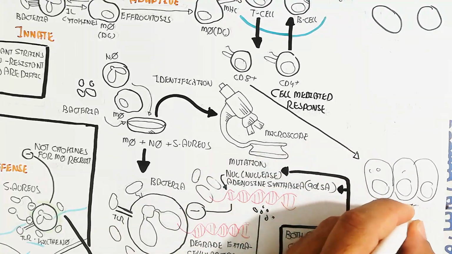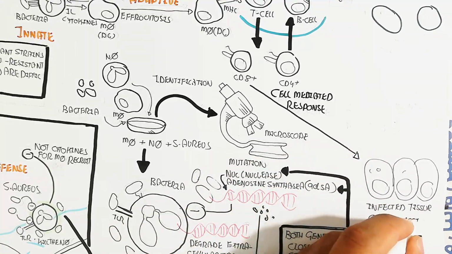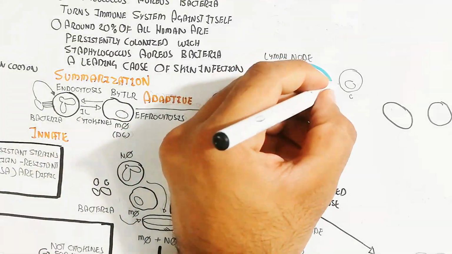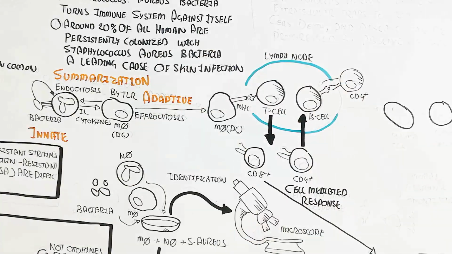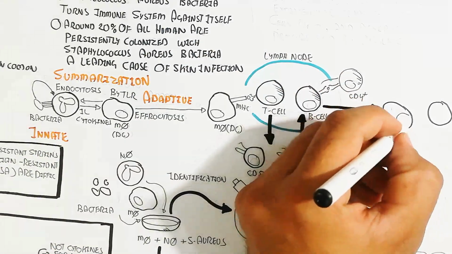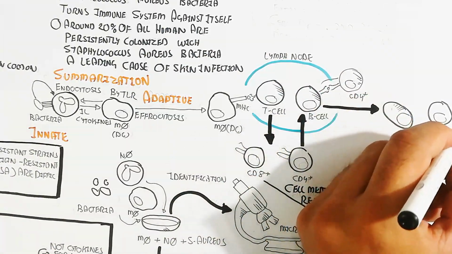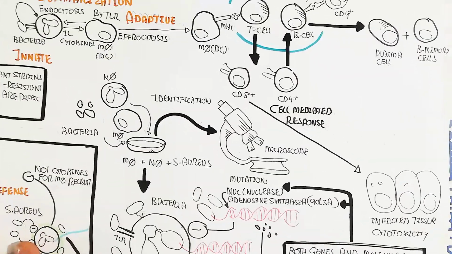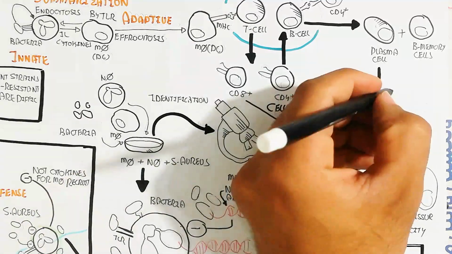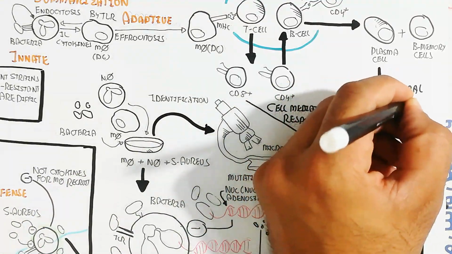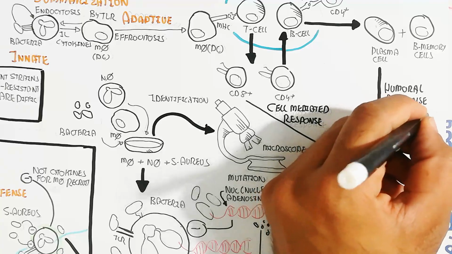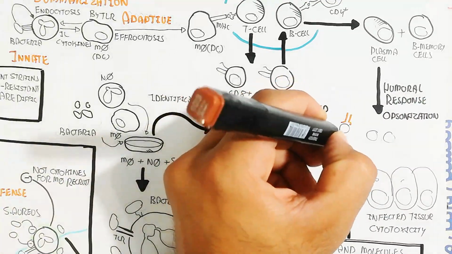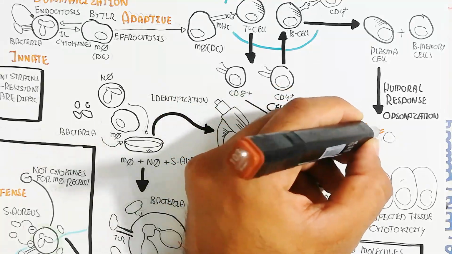But when the macrophage does not respond due to neutrophil damage by the bacteria, the adaptive immune response is not possible. The CD4 goes to the B cell to proliferate plasma cells and B memory cells to produce antibodies as a humoral response and opsonization of the S. aureus.